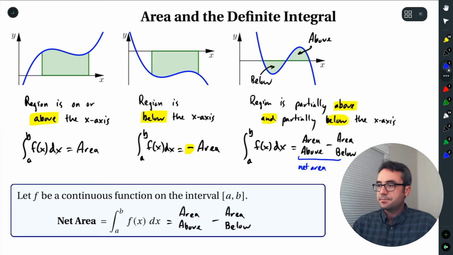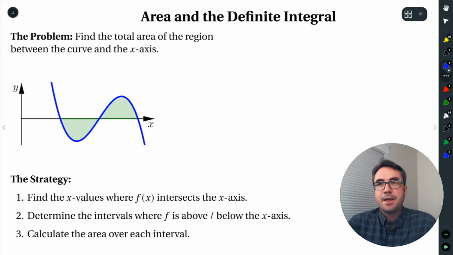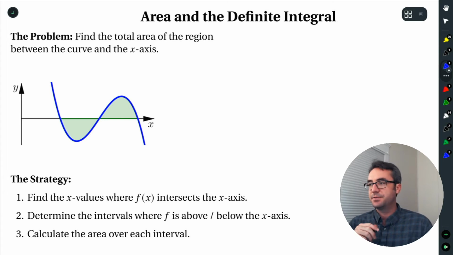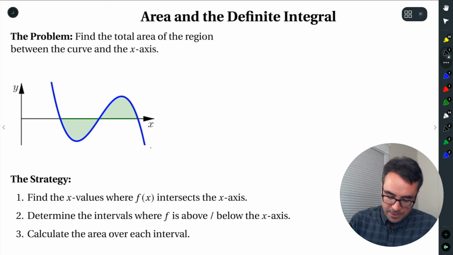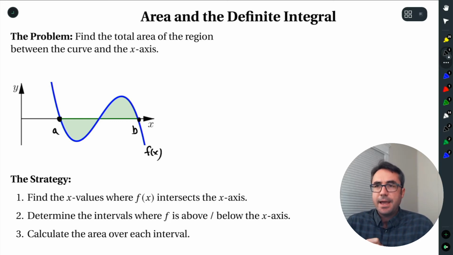All right. So the question becomes, how do we find the total area for the region between the curve and the x-axis? So if we have this general curve where there are parts of it that are above the x-axis and parts of it that are below, here's our function f of x, and let's say we are interested from a to b here. And we want to find the total area.